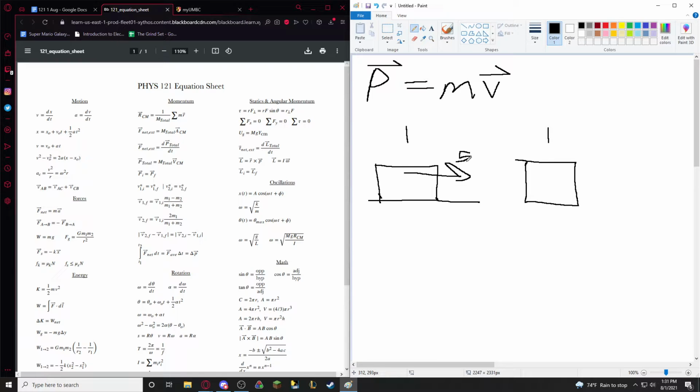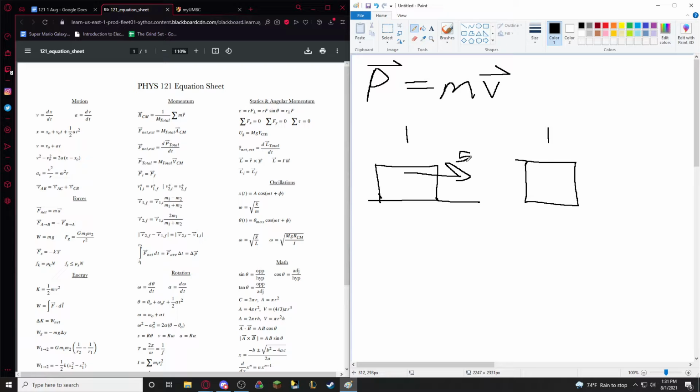Are there units for it? No, there's not a specific name for the units. But what would it be in terms of the units of mass and velocity? It'd be 5 kilogram meters per second.